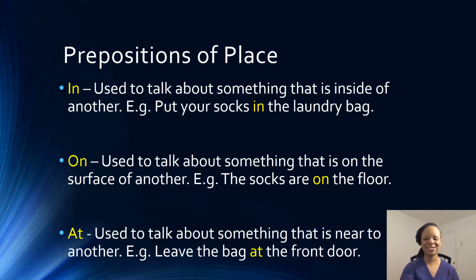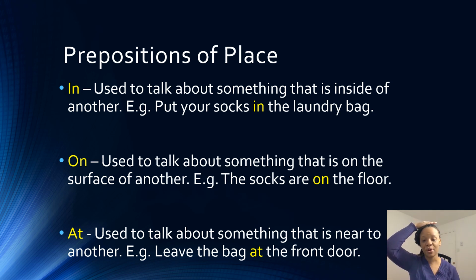So let's go into a little bit more detail about in, on, and at as prepositions of place. We use in to talk about something that is inside of another. For example, put your socks in the laundry bag, not beside it, not on top of it, but in it, please. And then next, for on, we use it to talk about something that is on the surface of another thing.